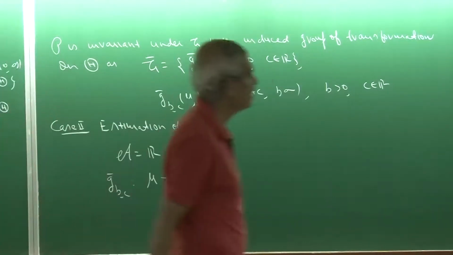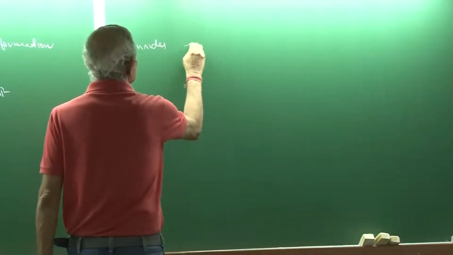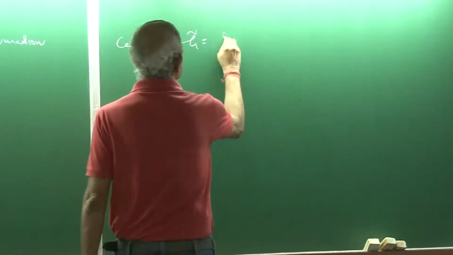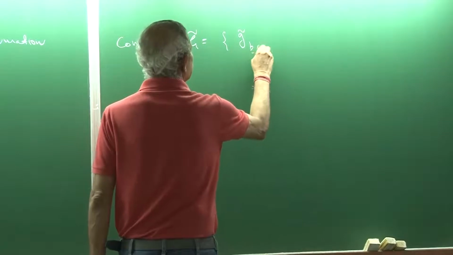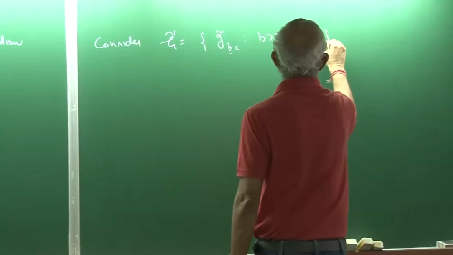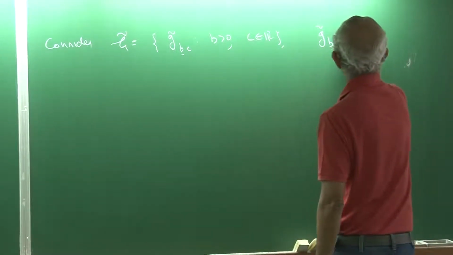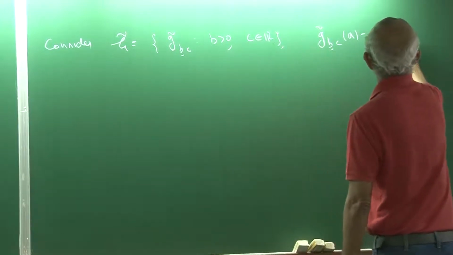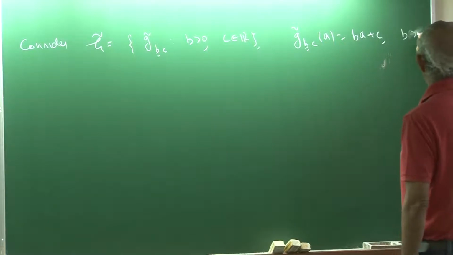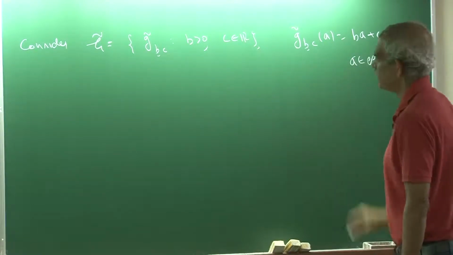So this suggests that I should consider the group of transformations G tilde as G tilde_bc, b greater than 0, c belonging to R, where G tilde_bc of a should be the same as b a plus c, b positive, c belonging to R, and a is anything in the action space, which is the whole real line.